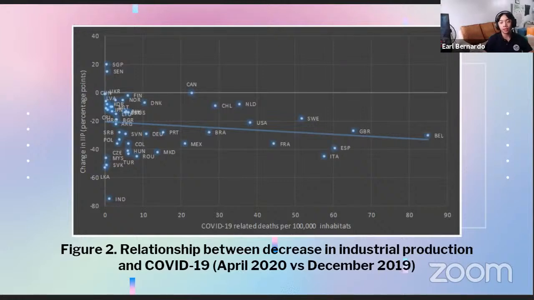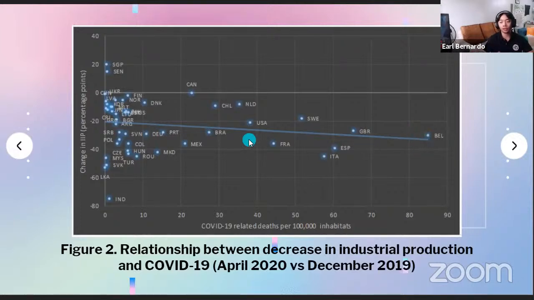As you can see, itong nasa baba, sa may Indonesia, ang baba nung COVID-19 related deaths per 100,000 na population. Pero ang laki pa rin ng impact nung sa change in industrial production. Wherein itong sa highest na death rate per 100,000 ay mas mababa yung change in industrial production niya.